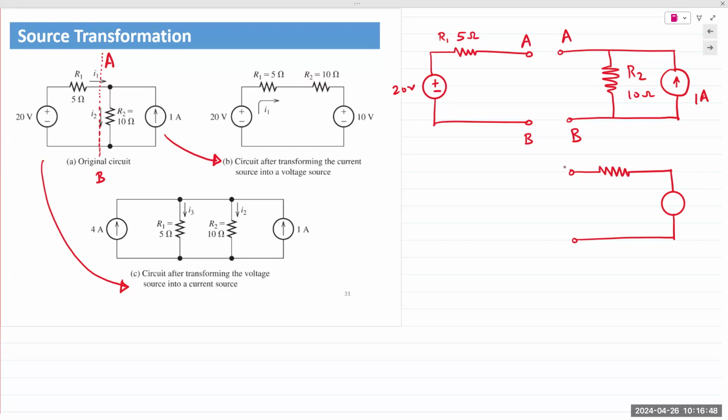So it'll still be R2 and 10 ohms. This will still be A, this will still be B. And from Ohm's law, I have R, I have I, 10 times 1 gives me 10 volts. And so it becomes a 10 volt voltage source between the terminals A and B. And then you can plug it back into the circuit.